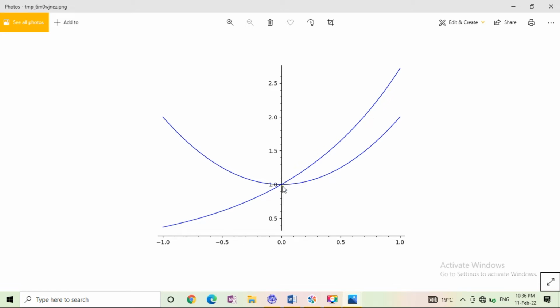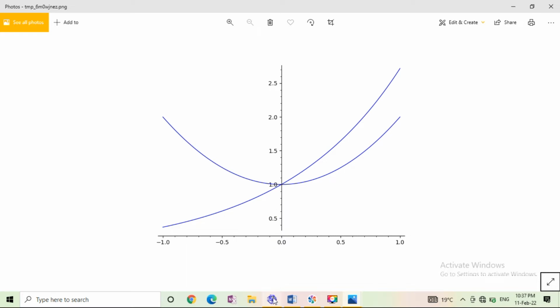At x is equal to 0, x square plus 1 becomes 1, and also e to the power 0 becomes 1. So these two graphs intersect on the y-axis at 1. So the solution exists, and the solution of the equation x square plus 1 is equal to e to the power x is x is equal to 0.